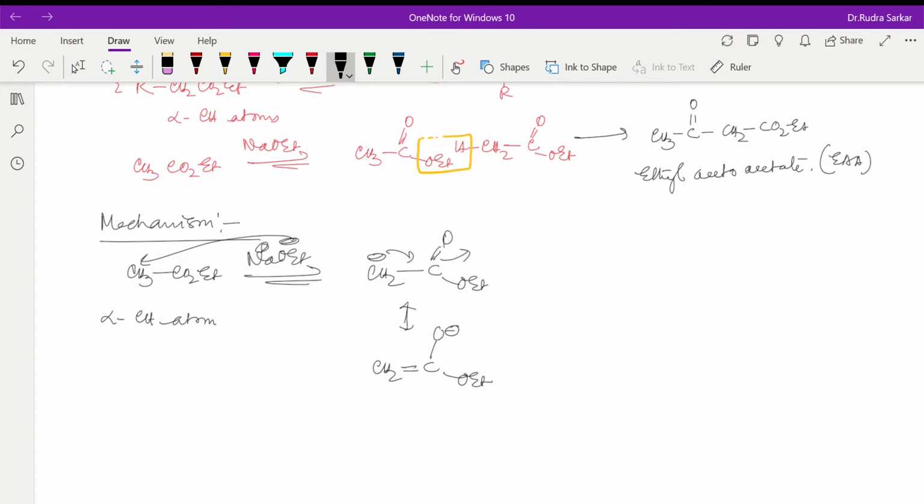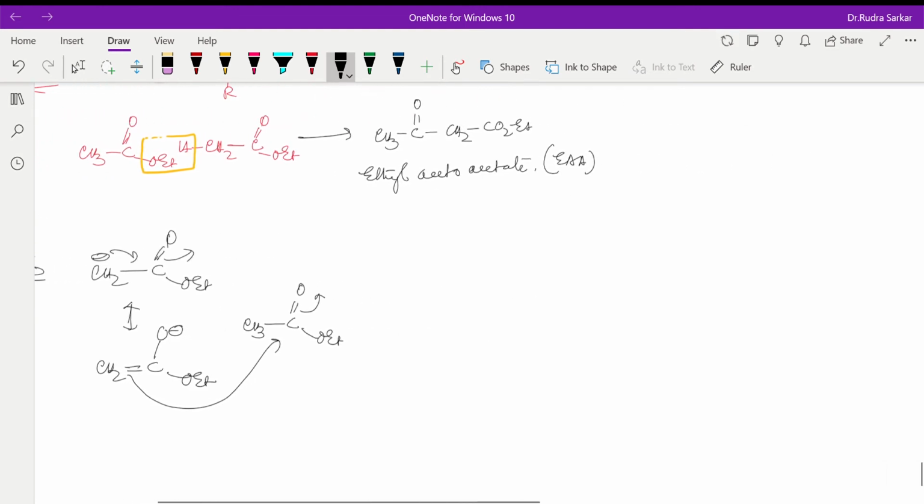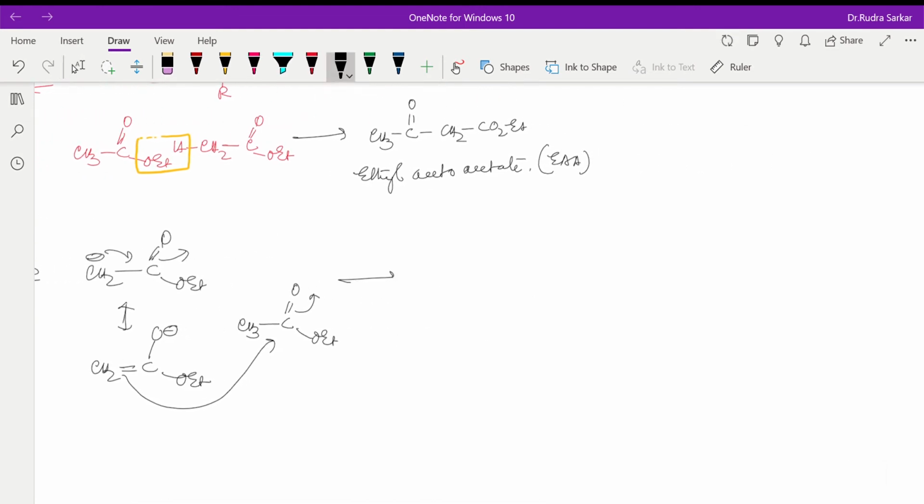Now this particular carbanion will make a nucleophilic attack on the carbonyl carbon of another ester, and what we will get is something like this, that is CH3CO minus OET CH2 C double bond OET.